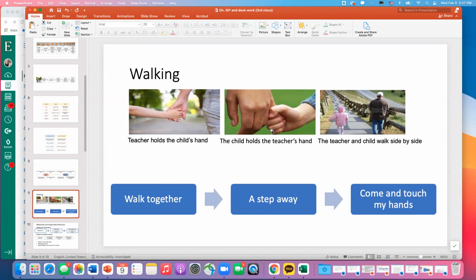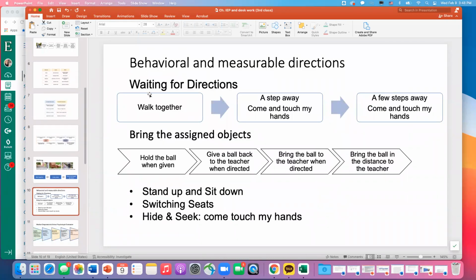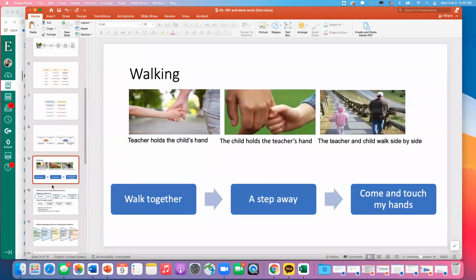Later on, gradually, thumb, 2 hands, 2 fingers, 3 fingers, 2 fingers, and then down to 1. Later you walk side by side, and the child is not charging off or delaying. This is motor sense as well.